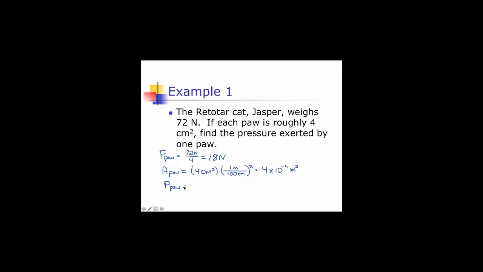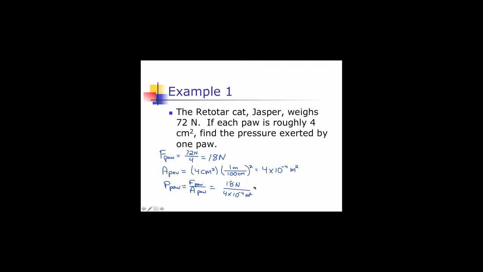That would be the force exerted by a single paw divided by the area of the paw. So we have 18 newtons divided by 4 times 10 to the negative 4 square meters.